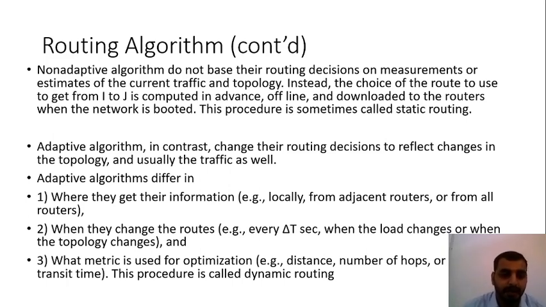So what it says, adaptive algorithms differ in where they get their information. When it comes to the routing table, the routing table has all of the information from every router connected to it, and all the information present to send the packet from the host to the destination. Whether that router will be the next node or a router after n nodes.